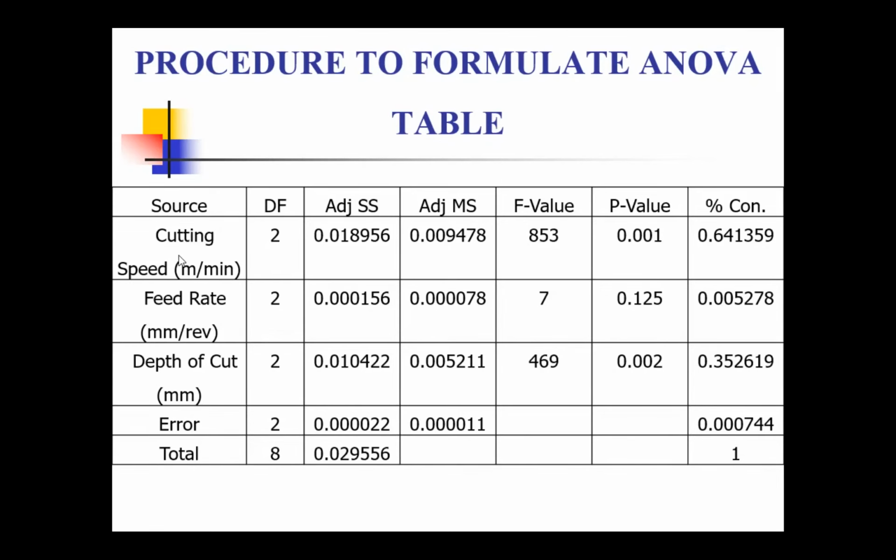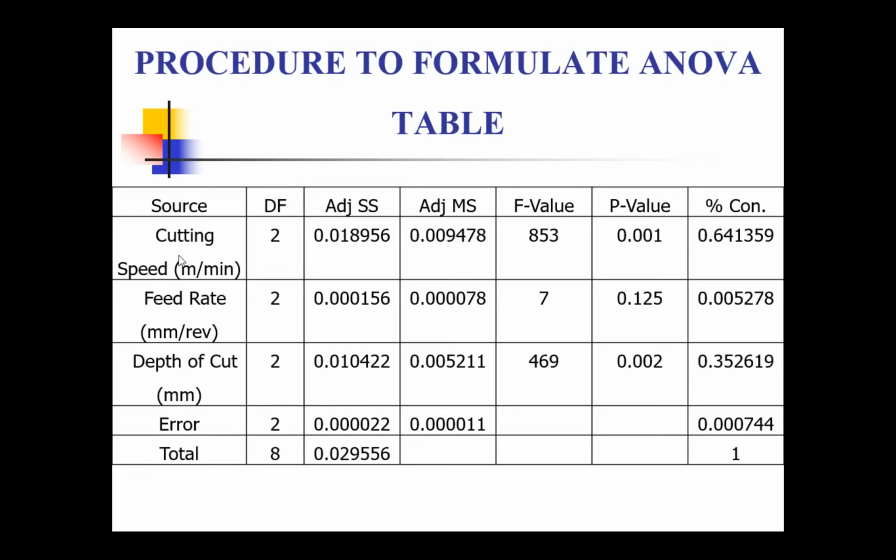Since we are going to carry out the ANOVA based on a 95% confidence interval, the alpha value is 0.05. So the p value is computed for an alpha value of 0.05, based on the F value and degrees of freedom.